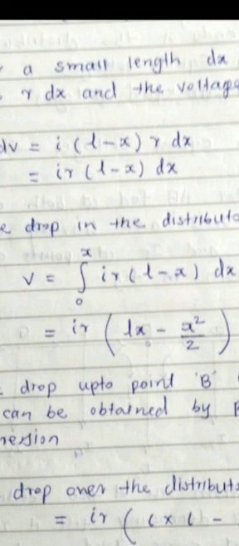The voltage drop up to point B, that is over the whole distributor, can be obtained by putting x equal to L in the above expression.